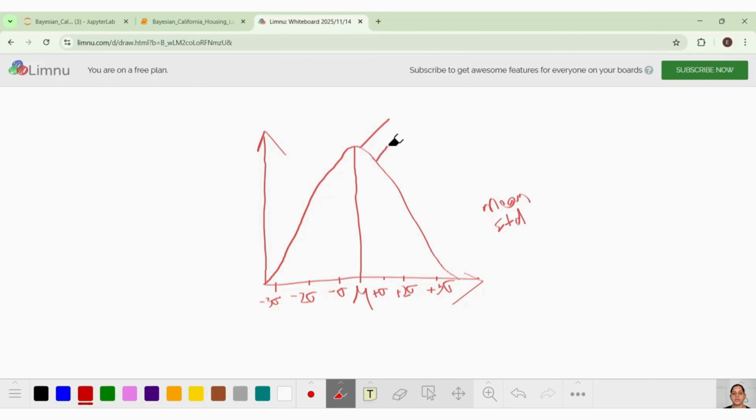So what exactly are we inferring here? We are inferring the coefficients, right? And what is the formula for my regression? It's y hat. This is my x and this is my y.